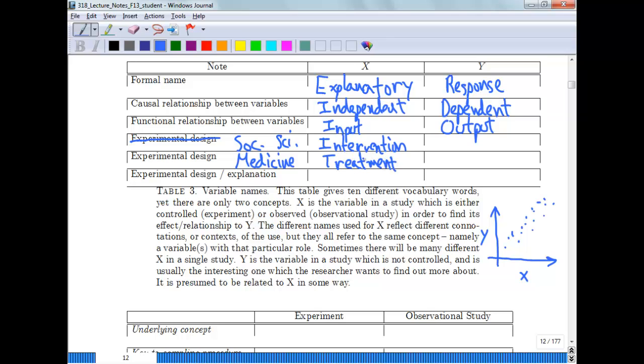Maybe it's a particular therapy or form of surgery that's new. If you have an intervention variable, then the response is called the measurement variable. And then if you have a treatment, the response is called outcome.